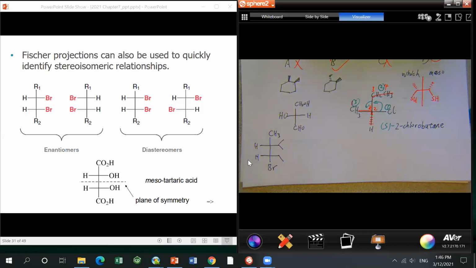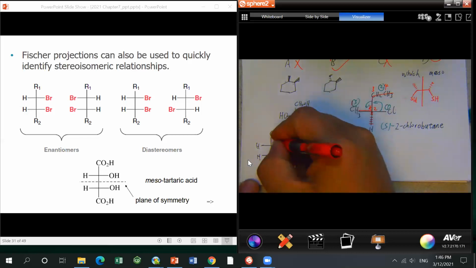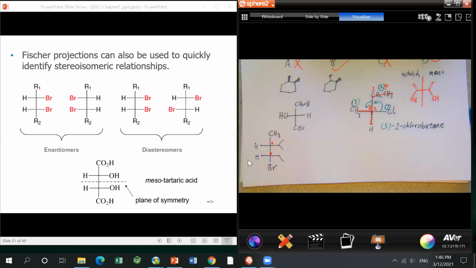When you go home, try to practice naming this compound, and we will go through this question in class the next day, on Monday. This compound has two stereocenters, so you need to give an assignment for both.